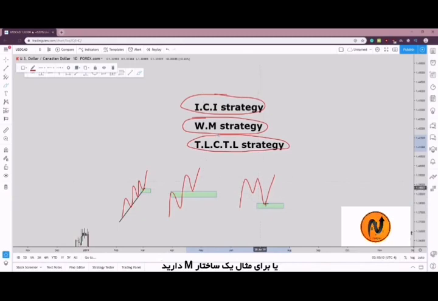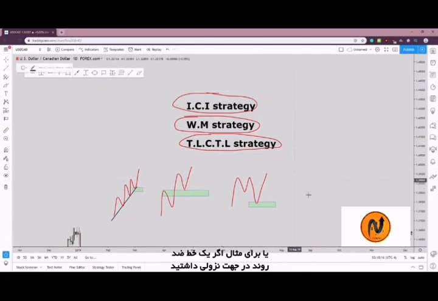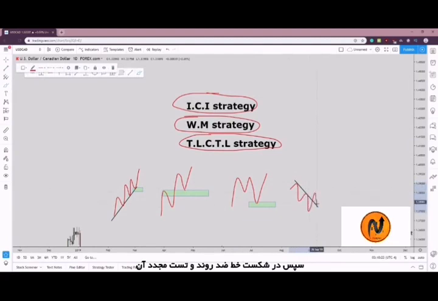Or if you have, for example, an M formation, you will use your strong numbers to take this long. Or again, for example, if you have a counter trend line to the downside and overall the pattern is bullish, then on the break of the counter trend line and retest, then again you will use your strong numbers to take this long.